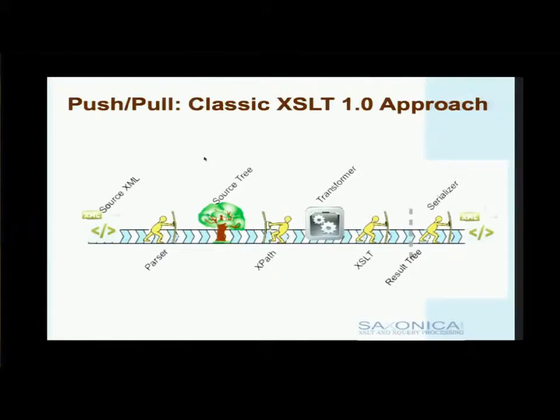Then what happens is that the XSLT transformer, in 1.0, the simpler processors, they have an XPath engine and they have an XSLT engine, and they're separate from each other. And the XPath engine is used to read data from the tree, and pretty well all access to the source tree is via XPath. And that XPath processor is pulling data from the tree as required.